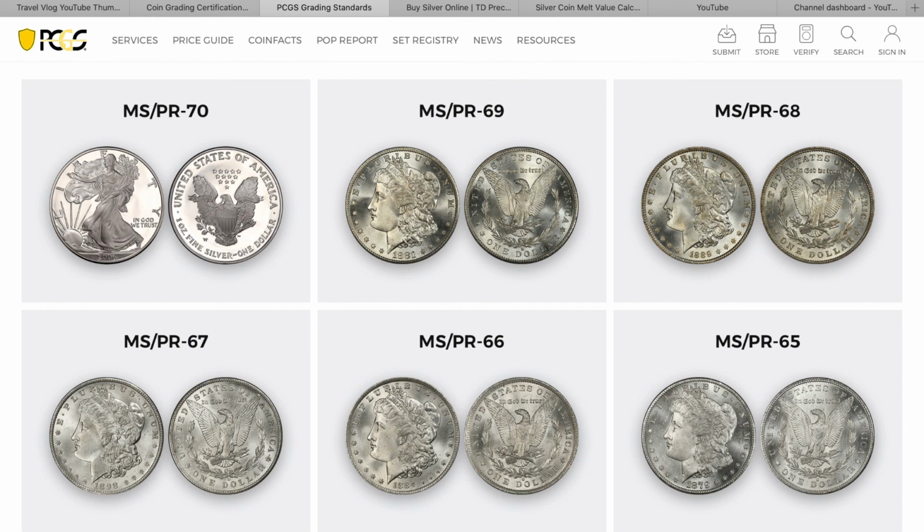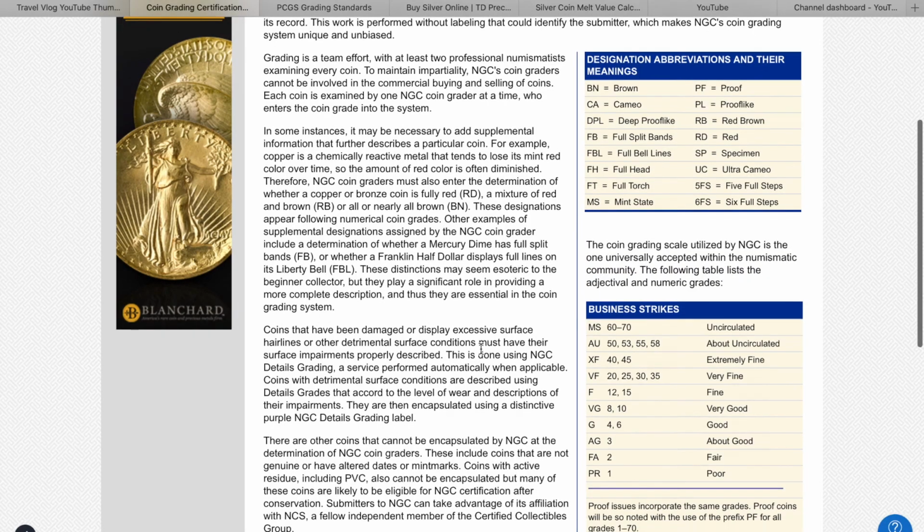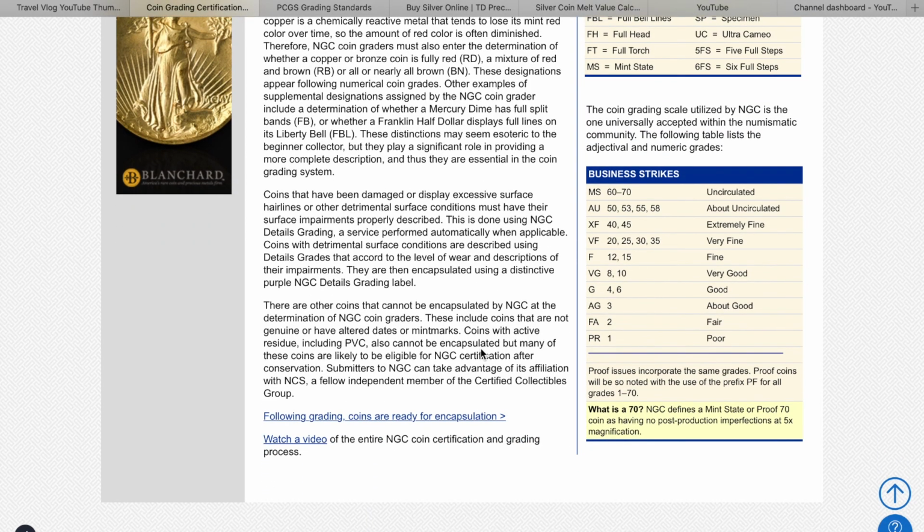But as far as looking at an MS67 to an MS66, it's kind of hard to tell with the naked eye. I'm just going to go back to the NGC, because it goes down here. I believe it says, what is a 70? NGC defines an MS70 or Proof 70 coin as having no post-production imperfections at 5 times magnification.